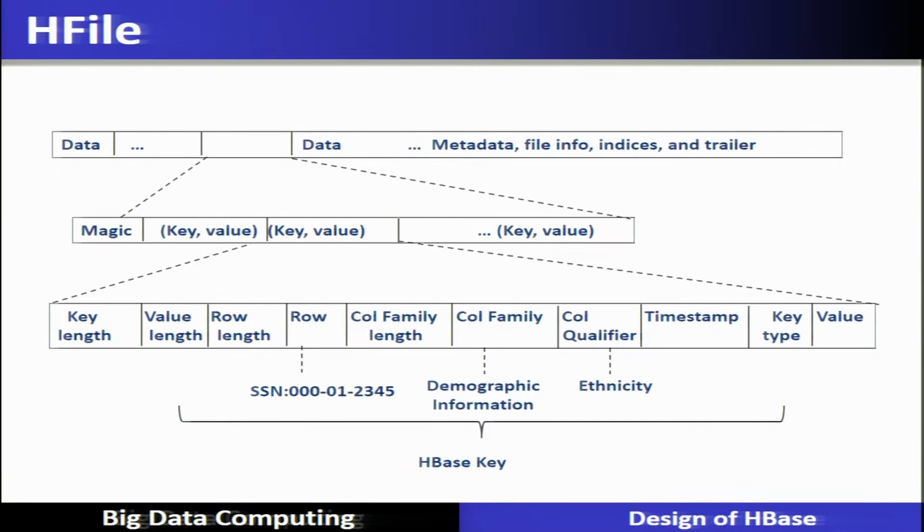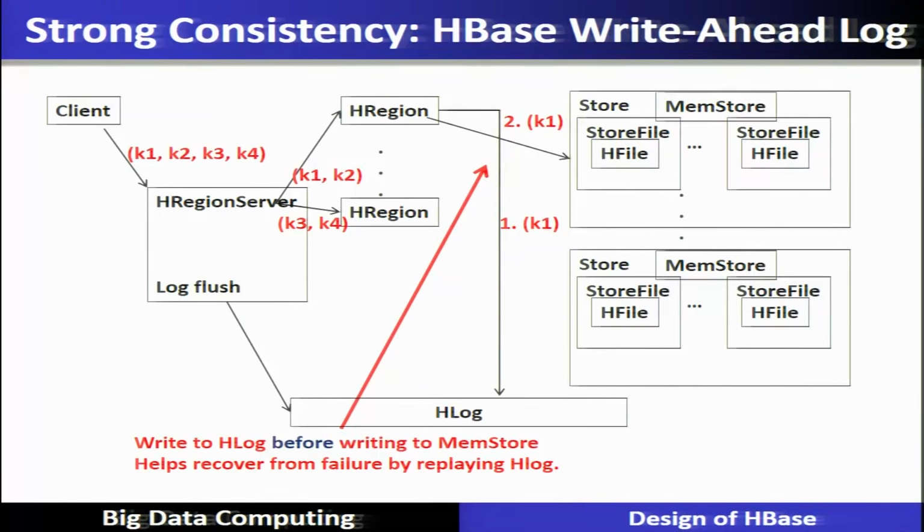And these rows will have SSN numbers, the column family will have the demographic information, and the column qualifier will have ethnicity information, and this becomes the HBase key. Now, HBase prefers strong consistency over availability.